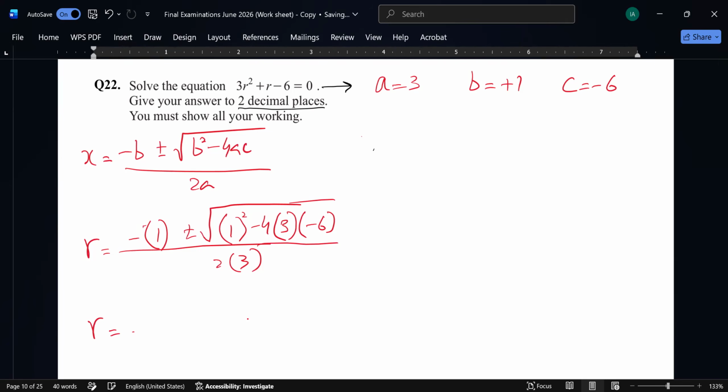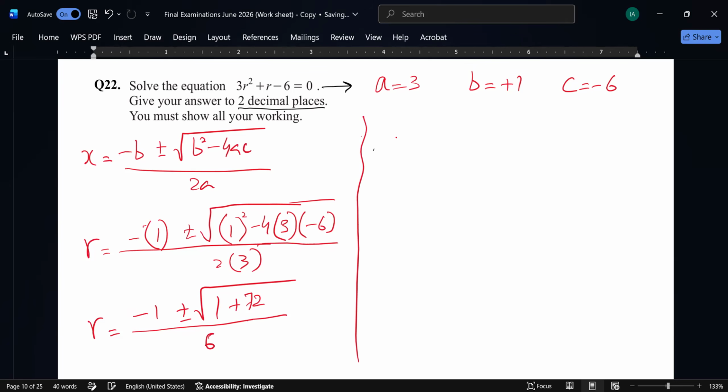x is going to be -1 plus minus under root 1 plus 72 over 6. Yes, I can have the two values, -1 plus under root 73 over 6.